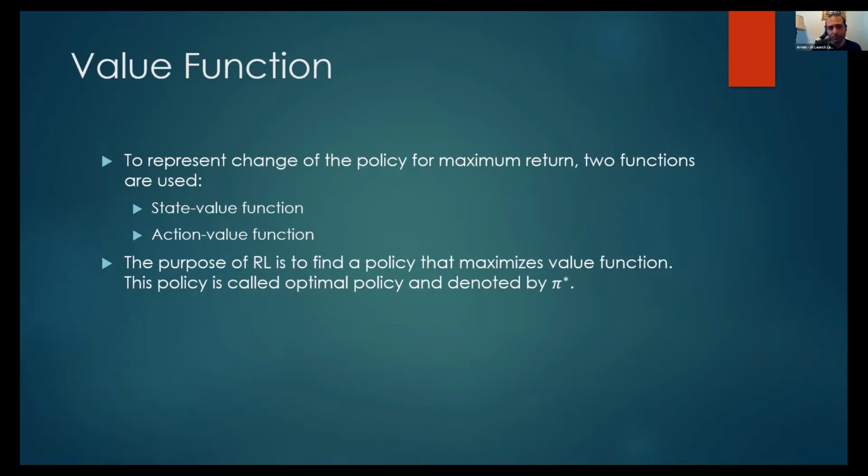Usually two types of functions are used: one is the state value function, the other is the action value function. The purpose of reinforcement learning, as we talked before, is to find a policy that maximizes this value function. The policy which maximizes this value function is called the optimal policy and is denoted by pi star.